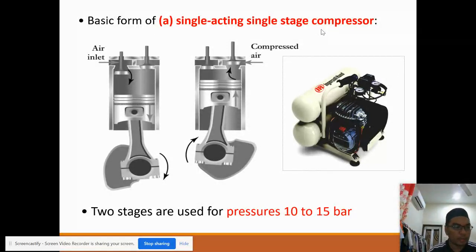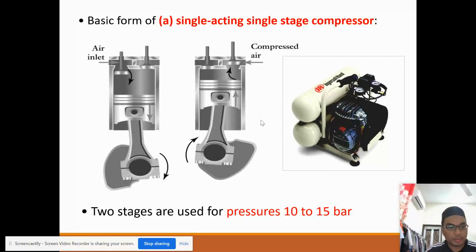For the double acting compressor, basically it can produce the air for both the up and down strokes. When it requires a higher pressure in bar, it has multiple stages of movement. So this is called a double or multiple stage compressor.